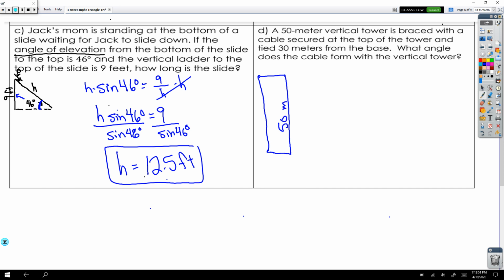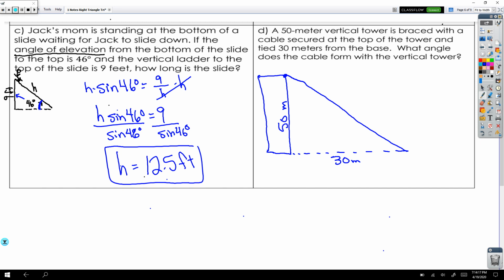And it's braced with a cable secured from the top of the tower, like so. And it says that it's tied down 30 meters from the base. So that means that this is 30 meters. What angle does the cable form with the vertical tower?